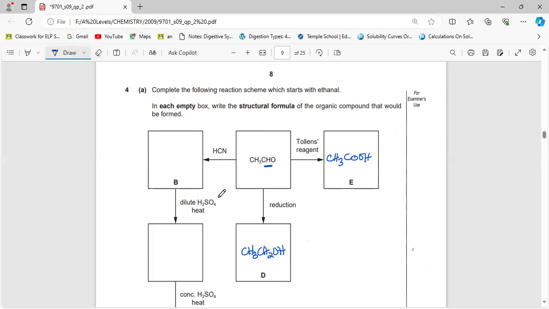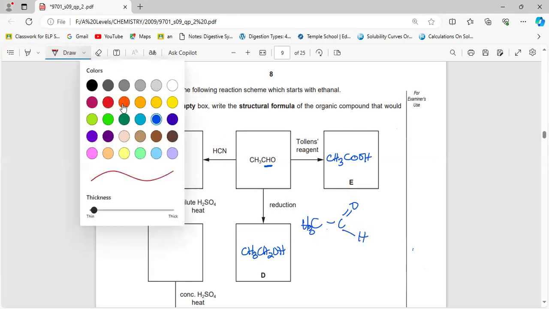So in this case now, we have this. I will also show you the mechanism of the reaction. We have CH3, CH3, CO, then we have H. Now the mechanism of reaction is this.